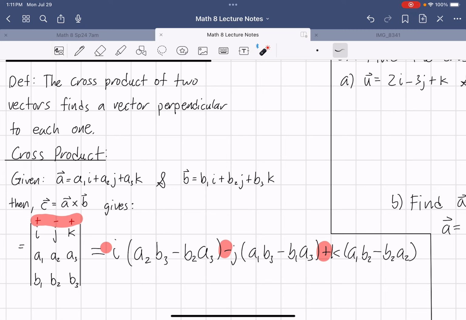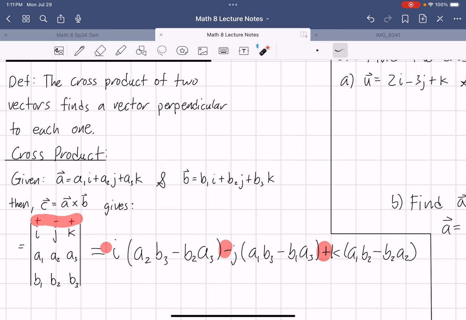And then we move on to the next column, next row. That one is going to have a minus in front of the first term, and that's going to be multiplied with J. But then if we eliminate this middle column, that leaves us with this square that I'm going to multiply, again, do this cross product. So a sub 1 times a sub 3, that's this first term inside the parentheses, minus b sub 1 times a sub 3.